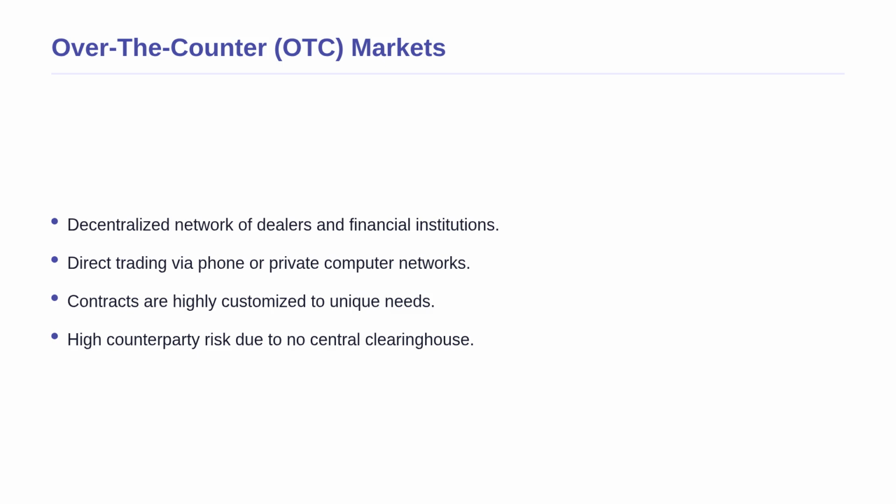It is a decentralized network where participants trade directly over the phone or private networks. Contracts are highly customized to fit exact unique needs. However, because there is no central clearinghouse guaranteeing the trade, participants face counterparty risk. This is the very real danger that the other side will go bankrupt and fail to pay.